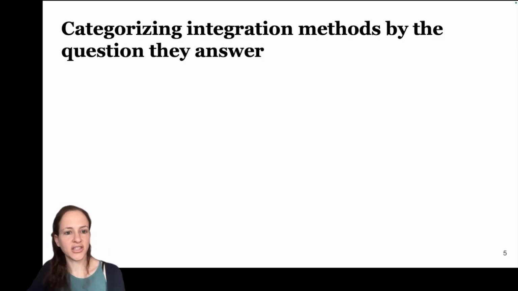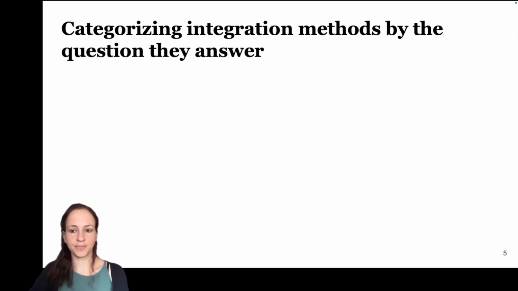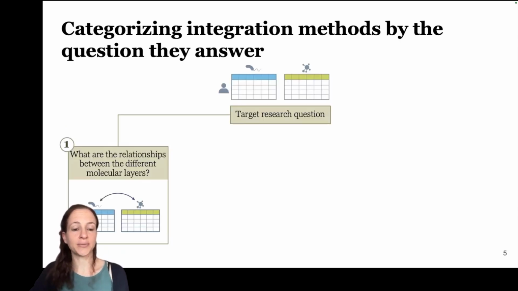So what I want to suggest in the next few slides is to categorize integration methods or approaches by the main research question that they try to target. I'll divide these possible research questions into four main categories. First, we may be interested in understanding the relationships between the different omics, putting aside any phenotype or other factor that might also be interesting.